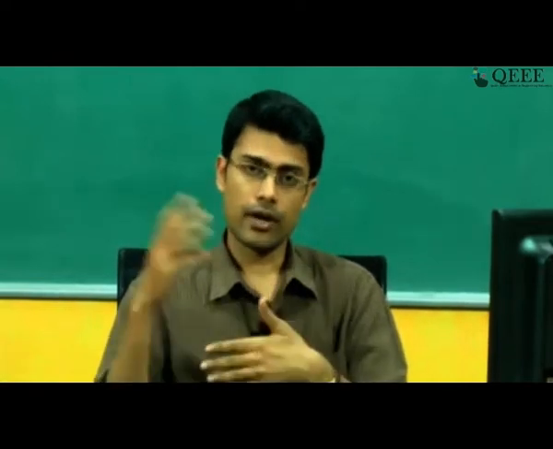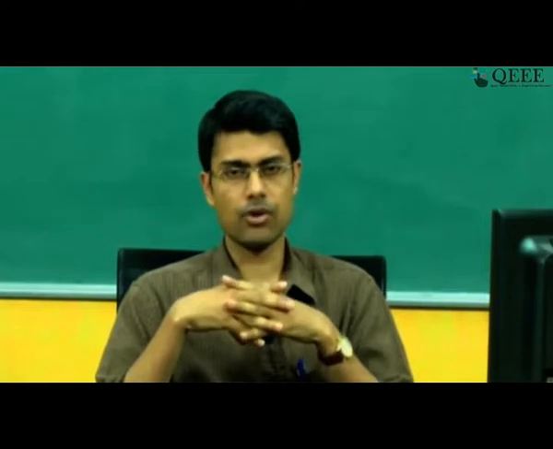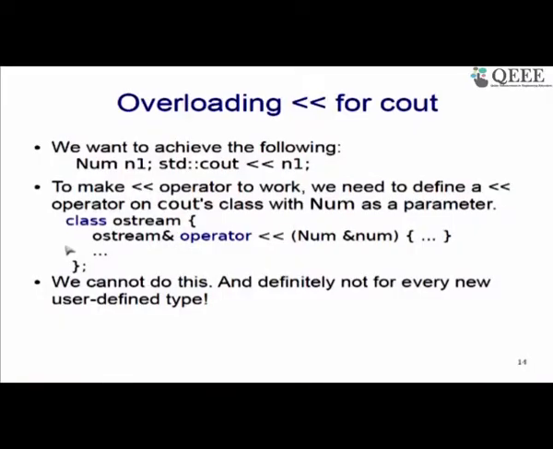So we took the example because the left shift operator is already overloaded for OStream, right? So the cout object that we use is an instance of OStream class, and we also want that variable of our own user defined type we should be able to print using cout. However, there were some issues.